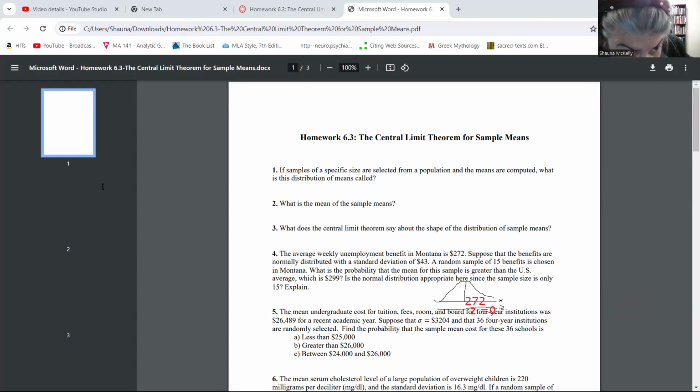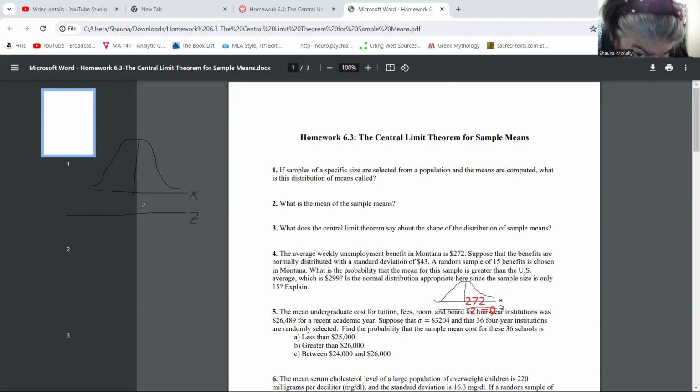When I set this up, there's my X line and there's my Z line here.